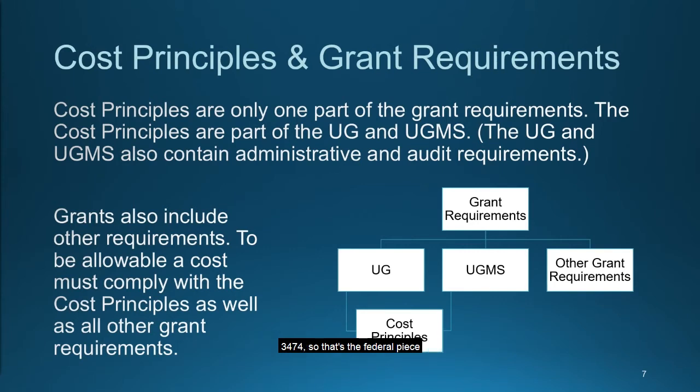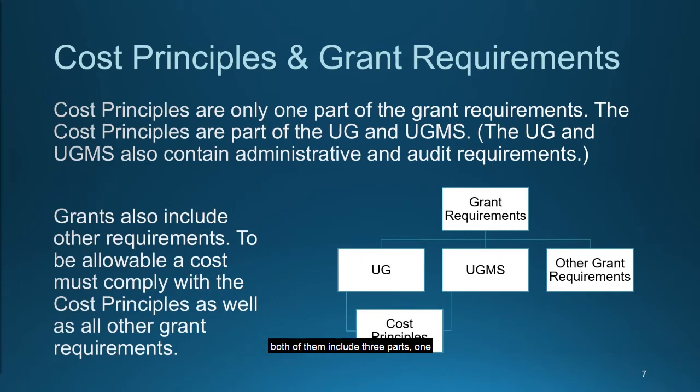So that's the federal piece. That's the Office of Management and Budget. And then at the state level, we also have UGMs, Uniform Grant Management Standards, and this is published by our state comptroller's office. Both of those, the UG and UGMs, have a lot of overlap and similarities.